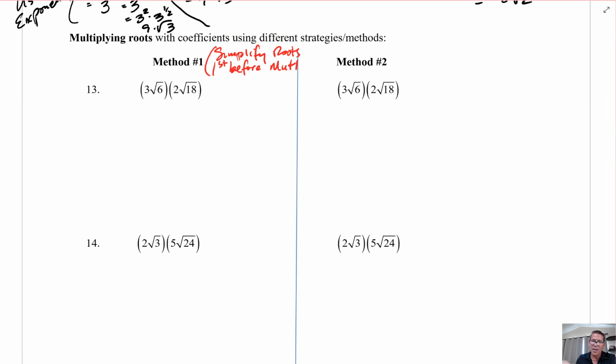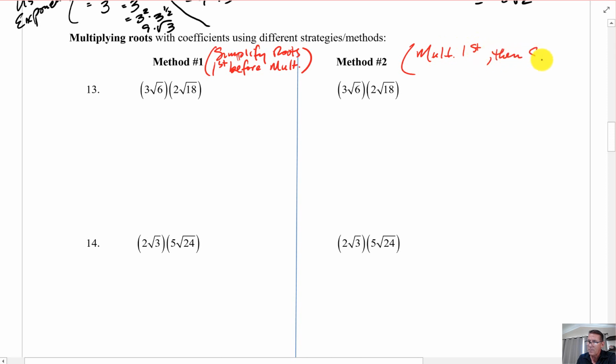Some people would take this strategy. And the second method is you can just flat out multiply and then simplify. So method 2 is multiply first, and then simplify.